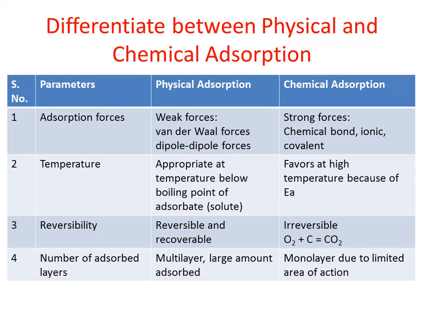Again, the third one is reversibility. This we have also discussed before. Physical absorption is a reversible or recoverable process, because it follows Le Chatelier's principle. When you adsorb, and under certain conditions you increase the temperature or change another parameter like pressure, it may go in the reverse direction, and that is called desorption.